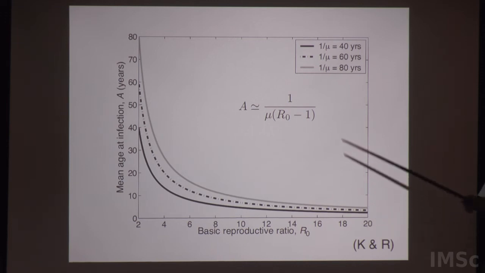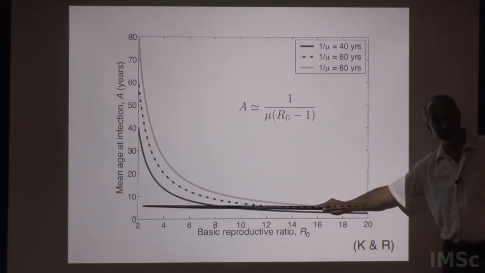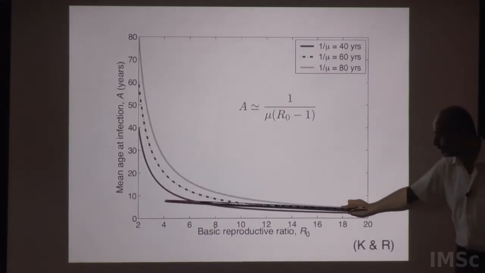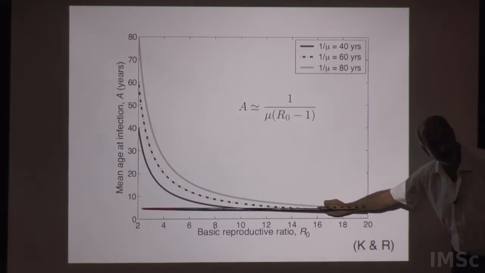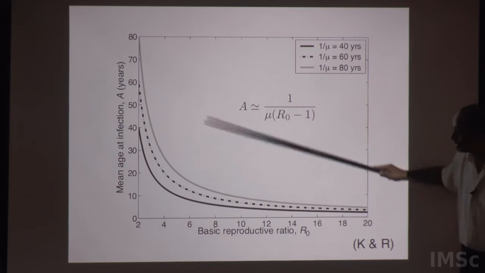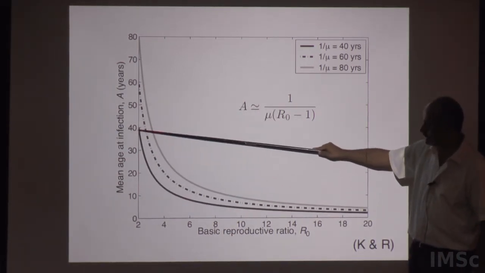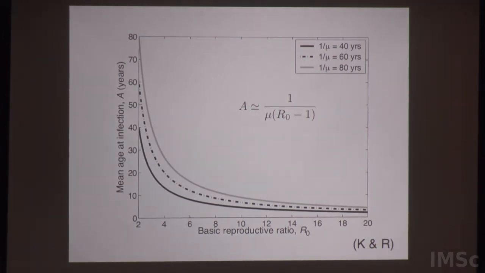Notice that the larger your R naught, the earlier and earlier you fall sick. Okay. For R naught equal to 18, which is measles, let us say, you are typically falling ill at about somewhere around 1 year or 1.5 years here, as you can see. For R naught much smaller than that, let us say 3 or 2 or something like that, you are typically falling ill by somewhere around 40 years or 35 years or something.